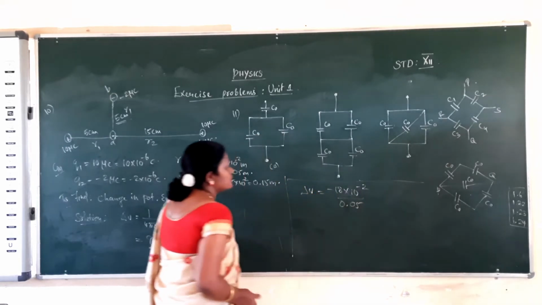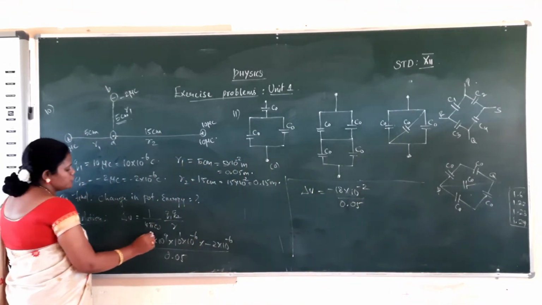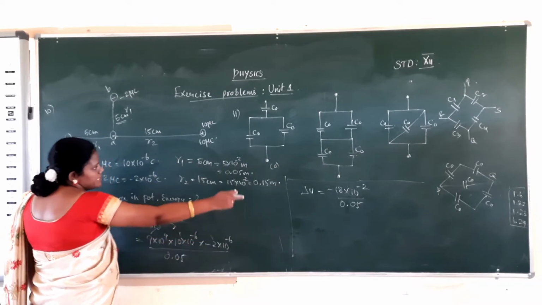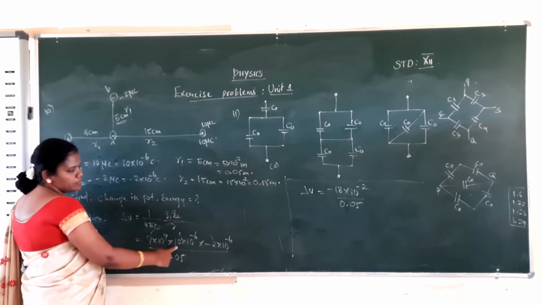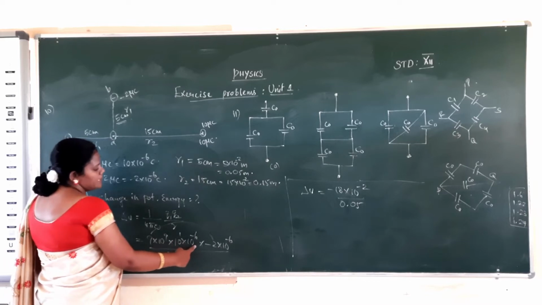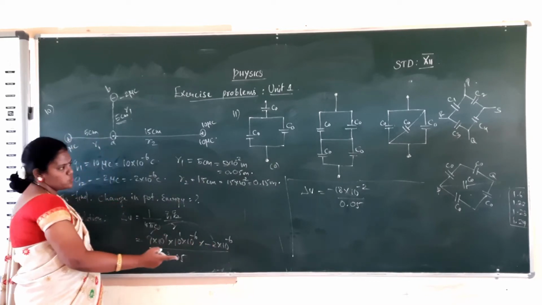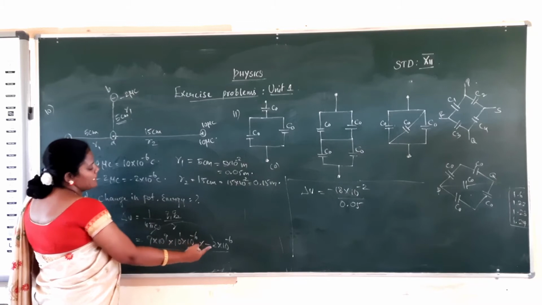How will you get the marks? 9 into minus 2 is minus 18. Then 10 power 9 and 10 power 1 is 10 power 10. 10 power minus 6 and 10 power minus 6 is 10 power minus 12. So 10 power 10 and 10 power minus 12.